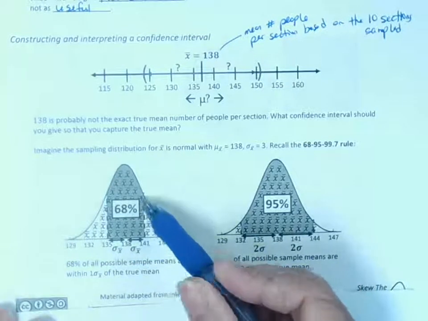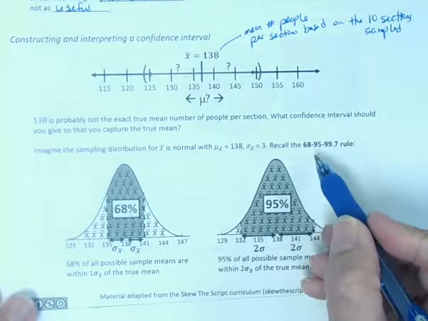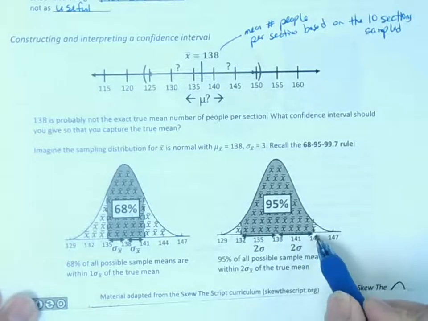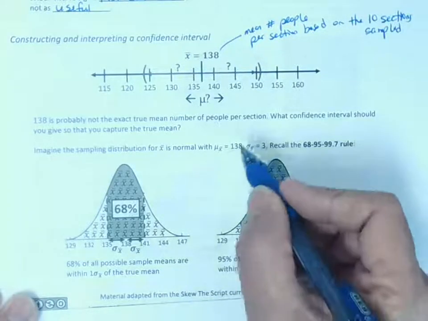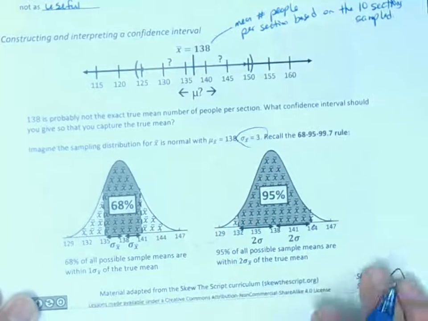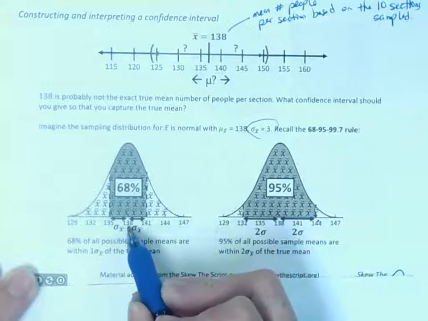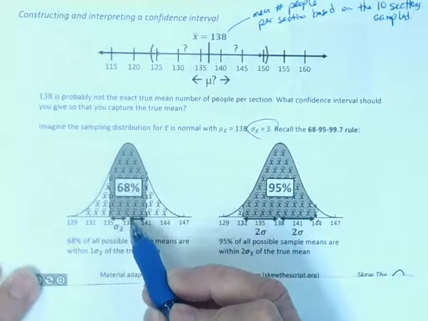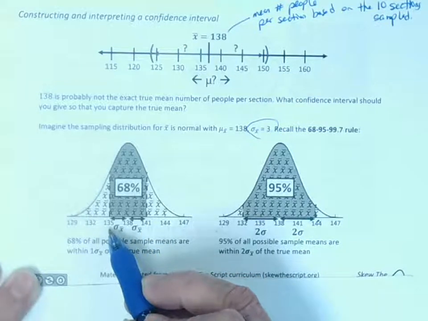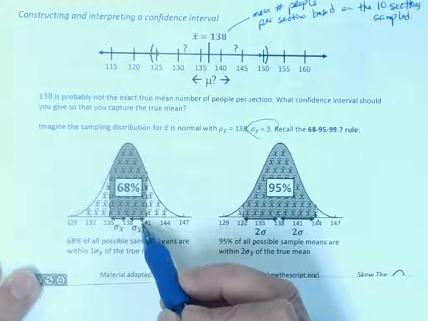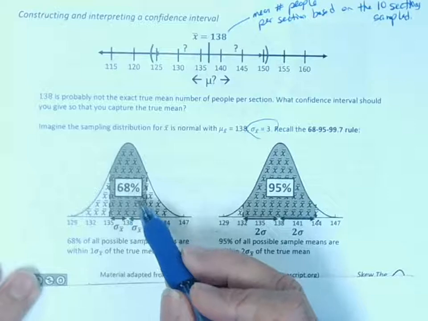That gave us 68% of our values. 95% represents if I went two standard deviations above the mean and two standard deviations below the mean. And right here, I was told that the standard deviation of this is 3. So in the beginning, to get the 68% of my values, I would have 138 plus 3 and 138 minus 3. So that defines the limit or the boundaries of where I would find 68% of my data.